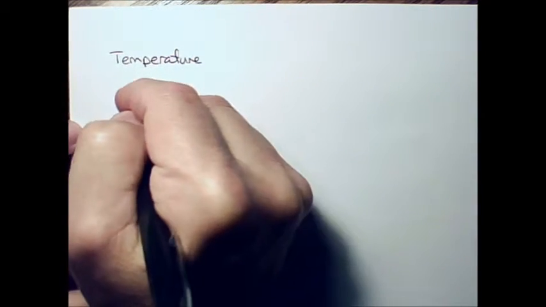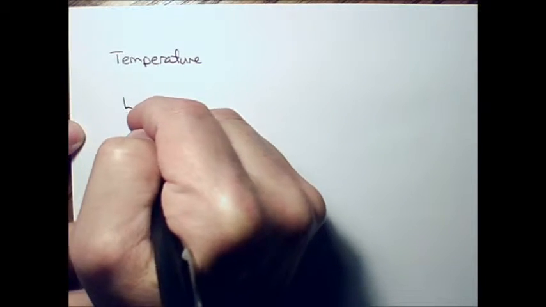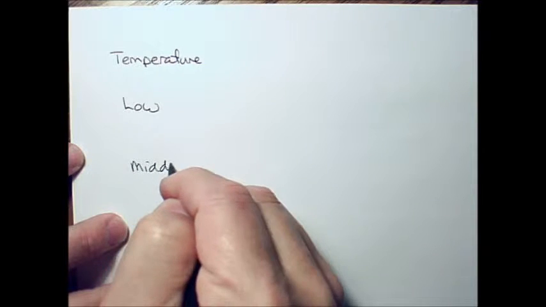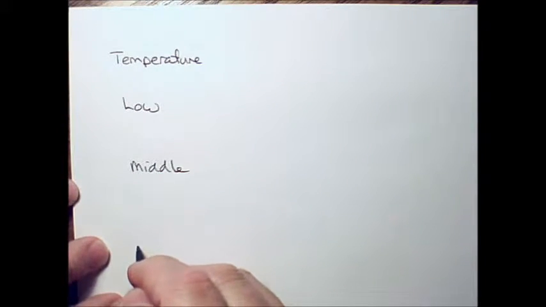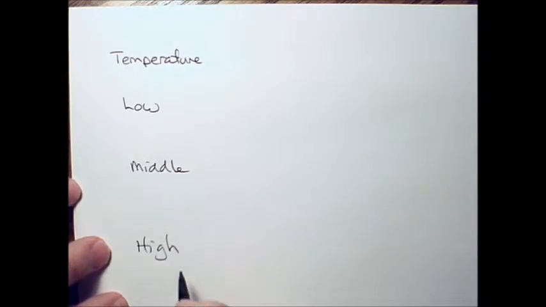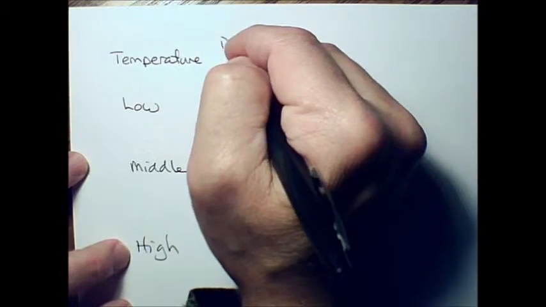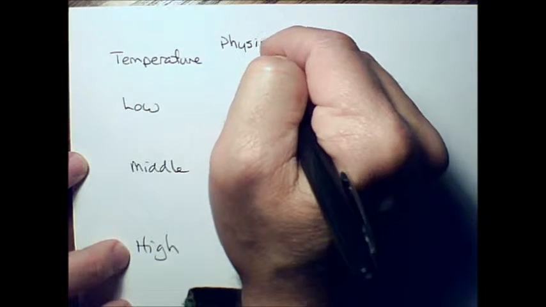We said there's a category of low temperature, a middle temperature, and then a high temperature range here. And then we had a physical state column. We didn't call it that in the notes, but that's essentially what it is.